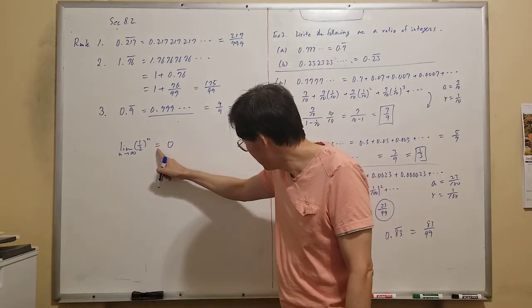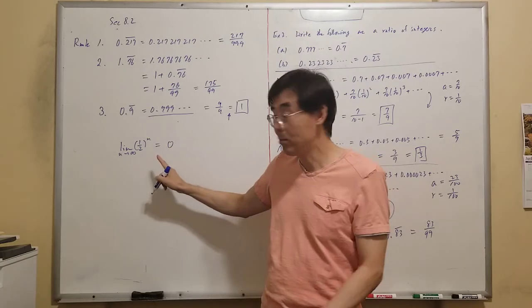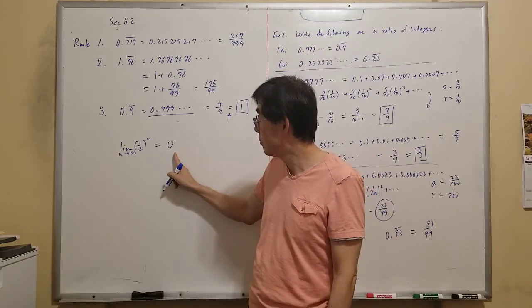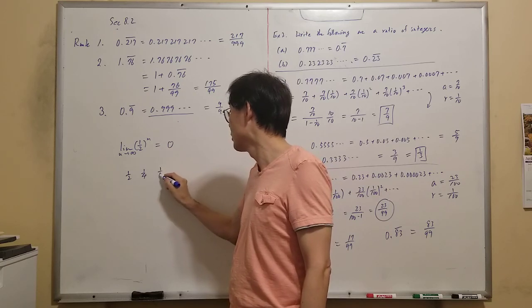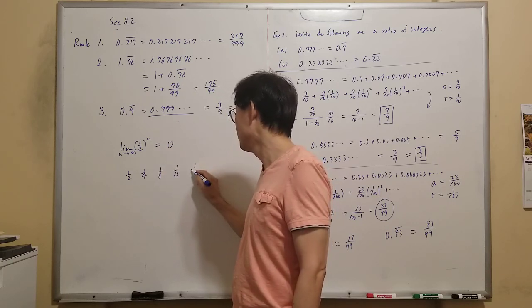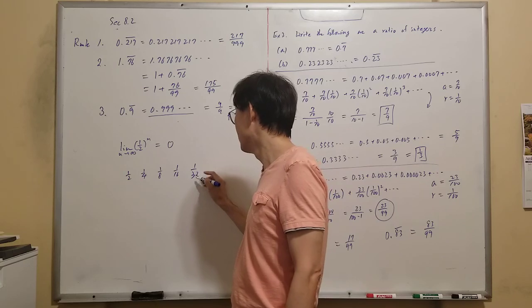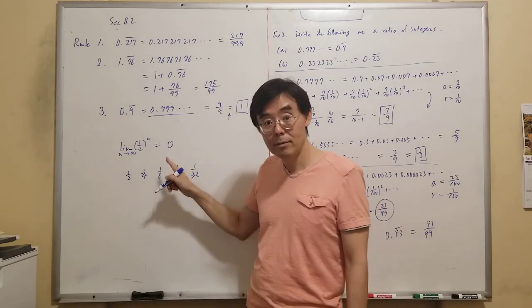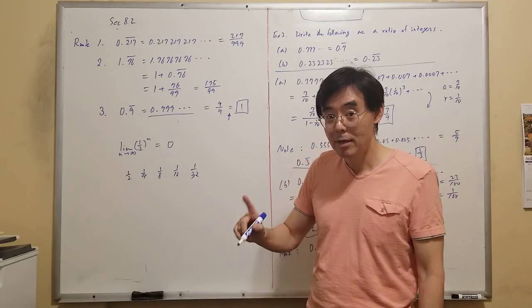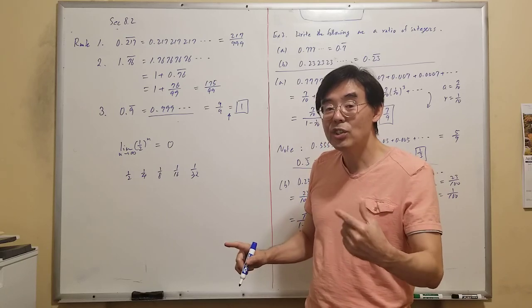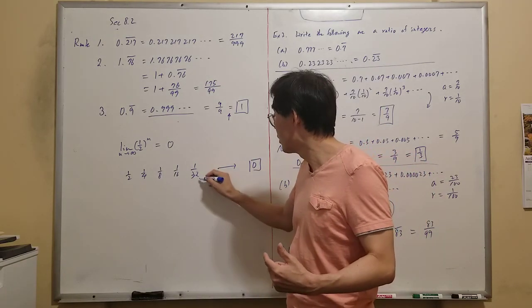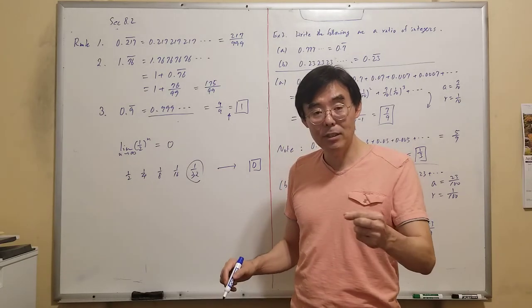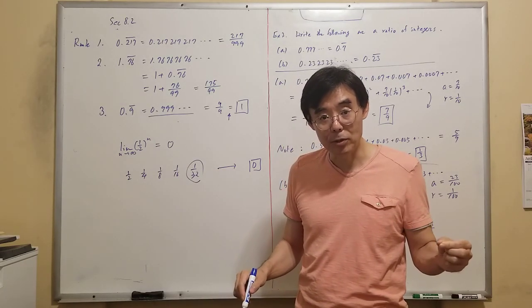We said the limit is equal 0, not approximately 0. Now, does it mean that this sequence will ever be exactly 0? No. The limit was the number.